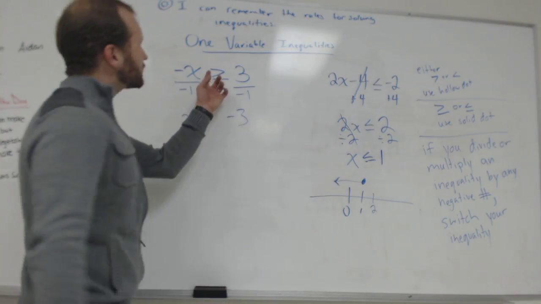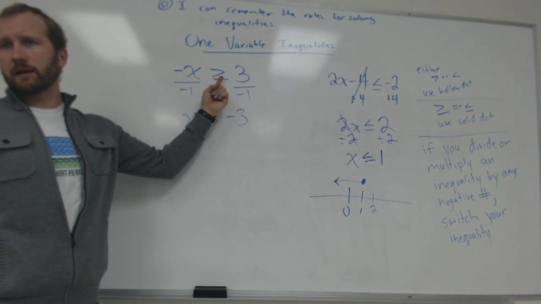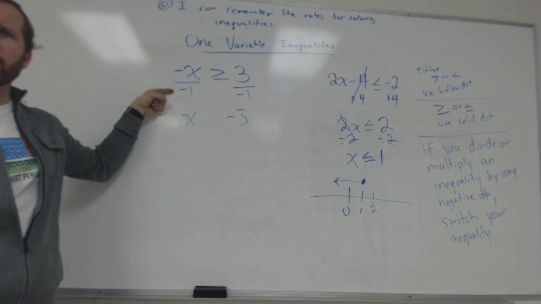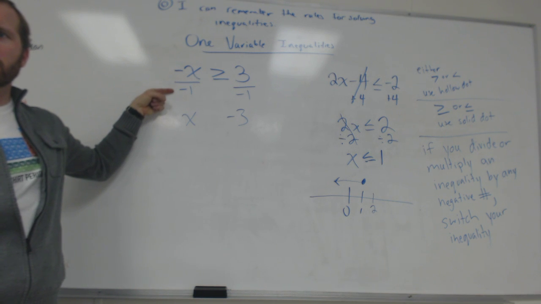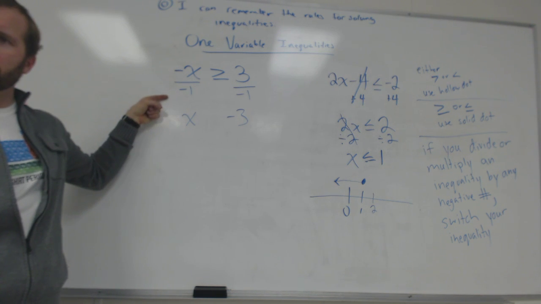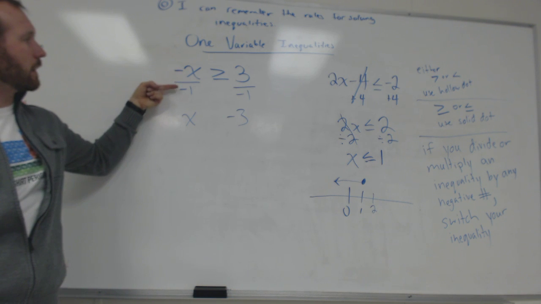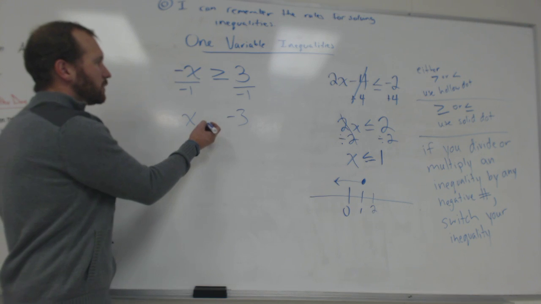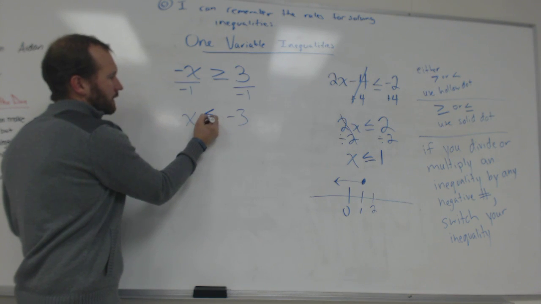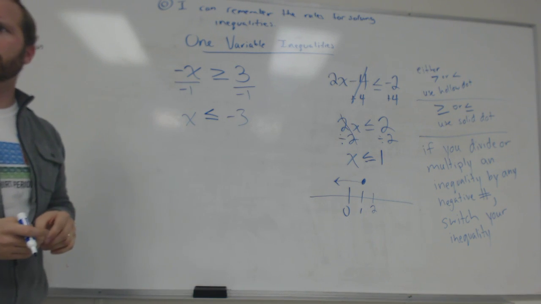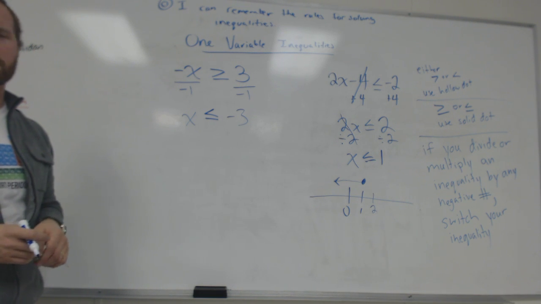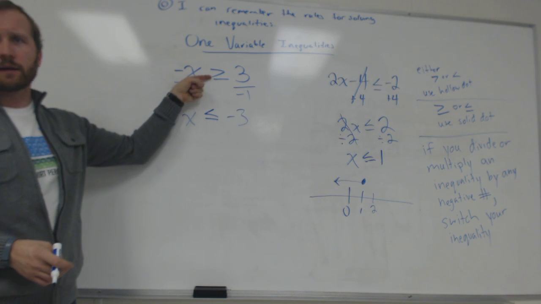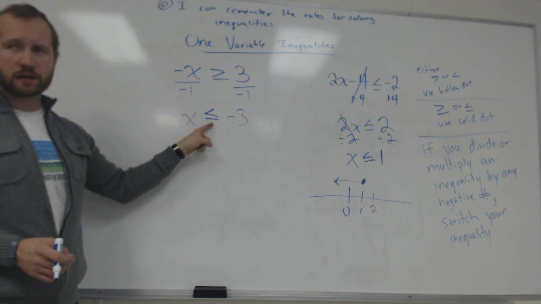So I'm going to switch greater than to less than. I'm going to switch less than to greater than. So here, did I divide or multiply by a negative number? In this problem? Yes. Yeah, divided by negative 1. So I'm going to switch the greater than or equal to less than or equal to. You guys see what happened? I divided by a negative number, so I switched it.